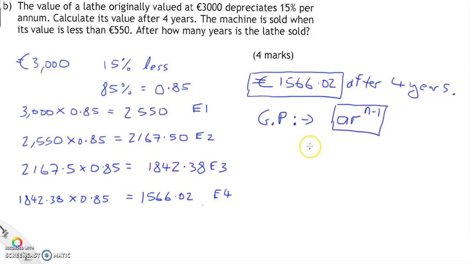So if n equals 4, A is our starting amount, 3,000, right? And R is the common ratio. It's the multiplier. The multiplier in this case is going to be 0.85.